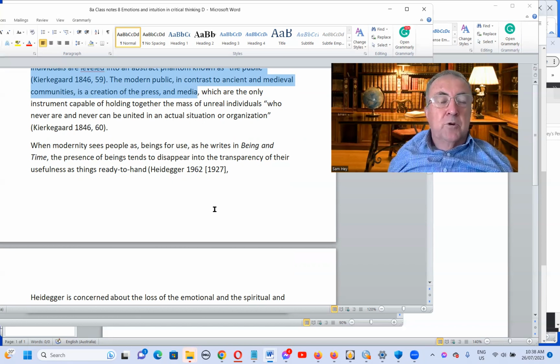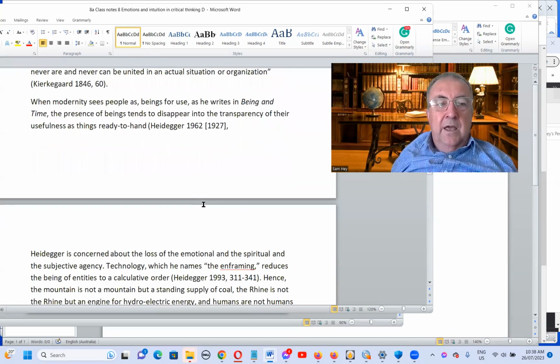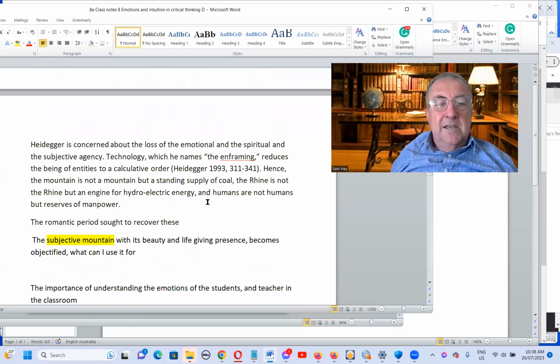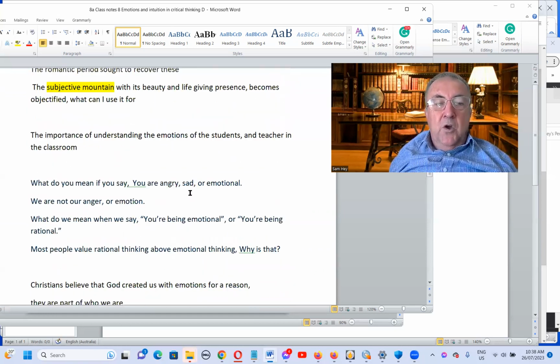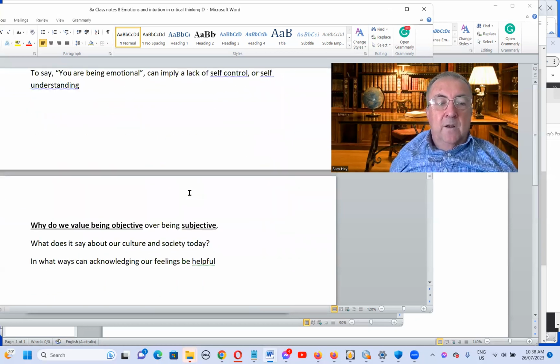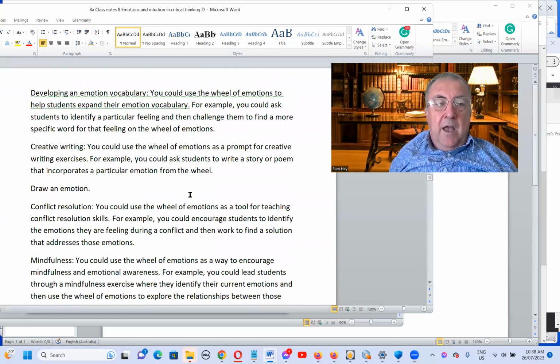And at times, it's important for people to subjectively express, I feel intuitively this is not right, and then to explore that. Heidegger, too, was concerned about the loss of the emotional. And so our classes at times need to be objective, but at times it's important to have subjective agency where we encourage students to express who they are and how they feel and to express their emotions.